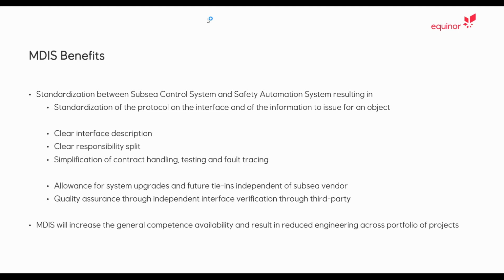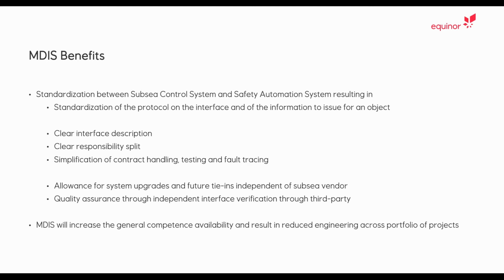So standardization of the protocol on the interface and the information to issue for an object is central here. With that, we are enabling a very clear interface description. As a result, we are able to split the technical responsibilities between the control system supplier and the safety automation system suppliers, but also the contractual responsibilities.